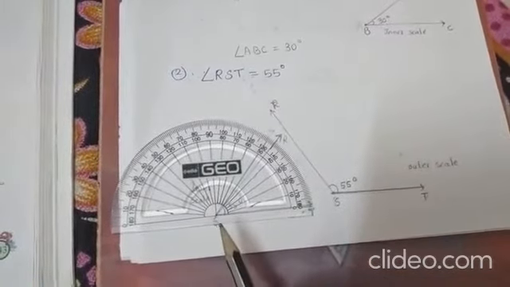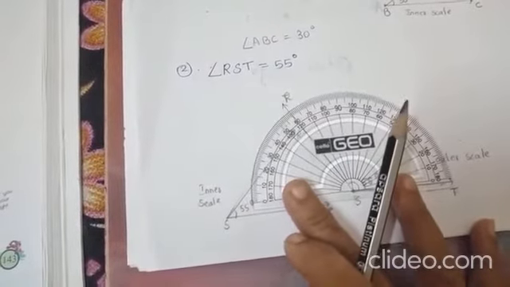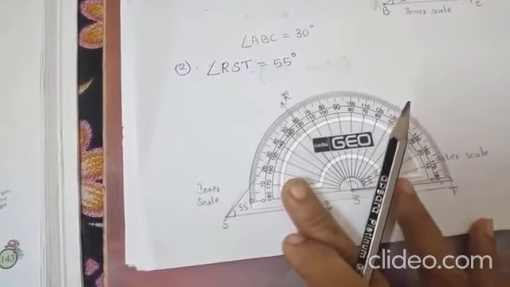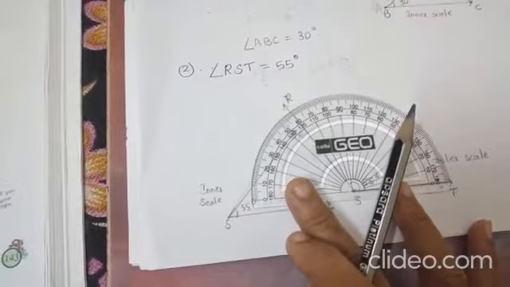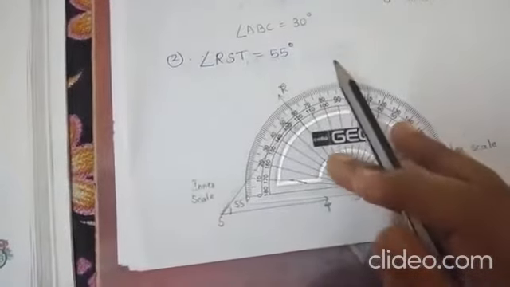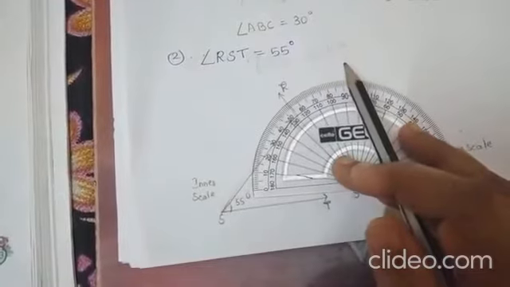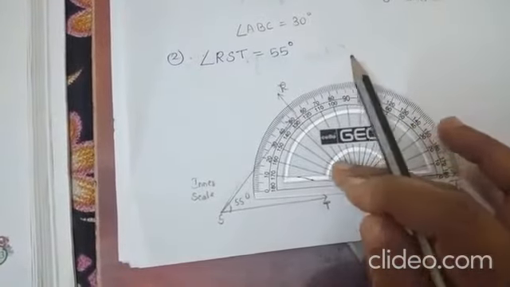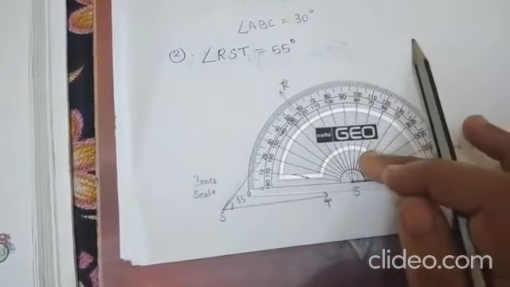Now let's go to the outer scale measurement. Keep the middle one here, your protractor in the straight way. Okay. Now you have to find out 55. Right.